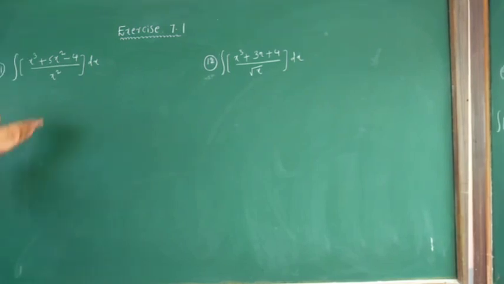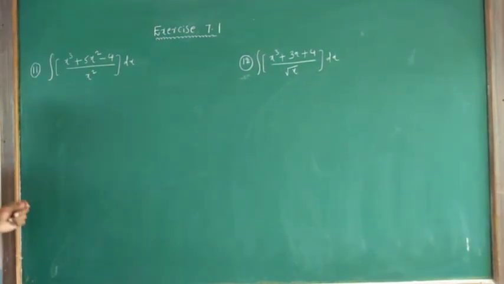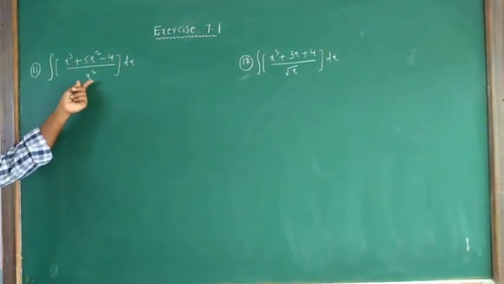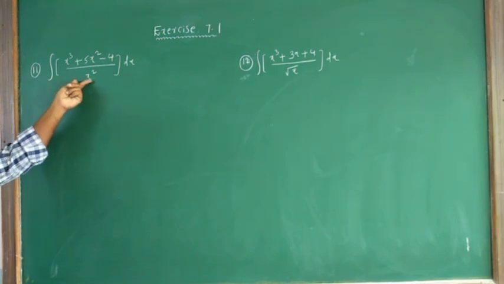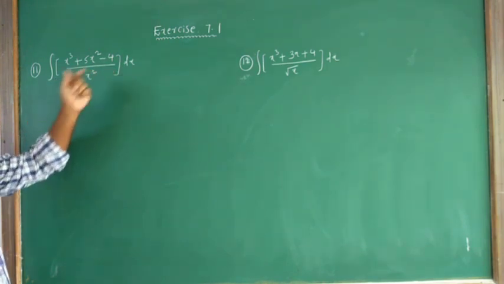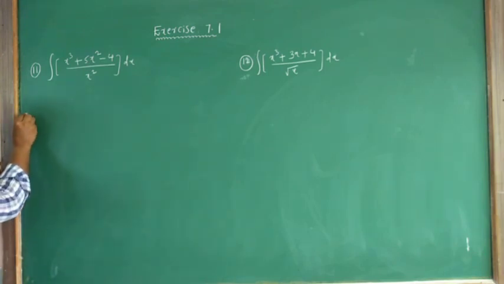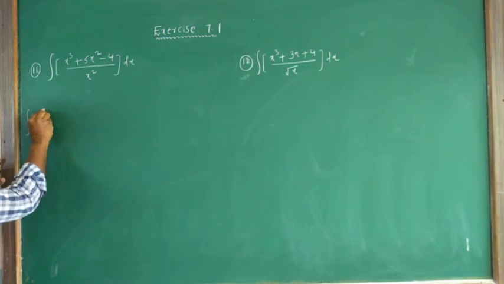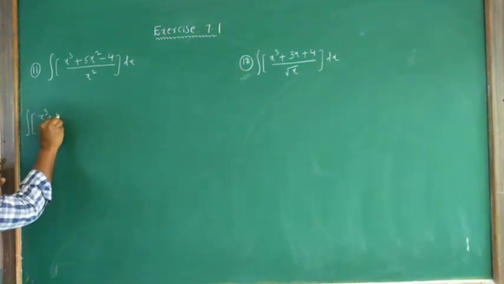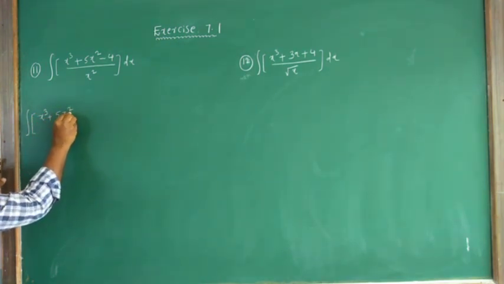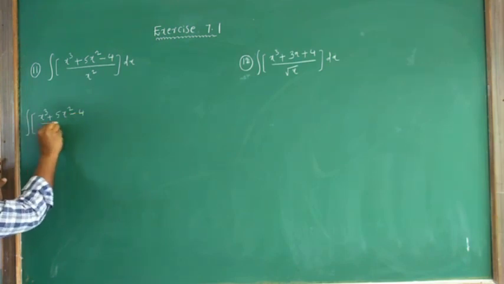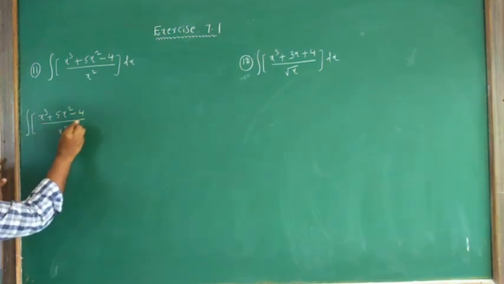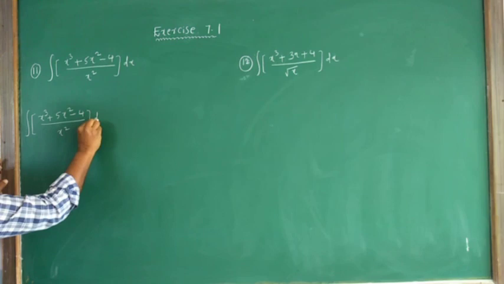Next, the 11th one. Here take x square under x cube, under 5x square, and under 4 separately. So first of all, what is the question? What is the integral of (x cube plus 5x square minus 4) divided by x square dx?